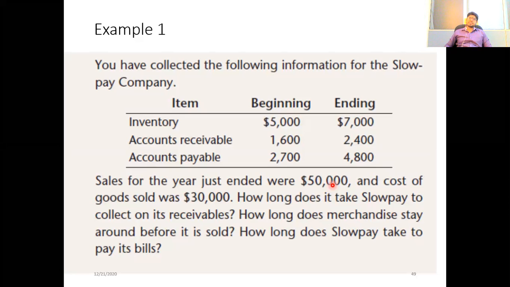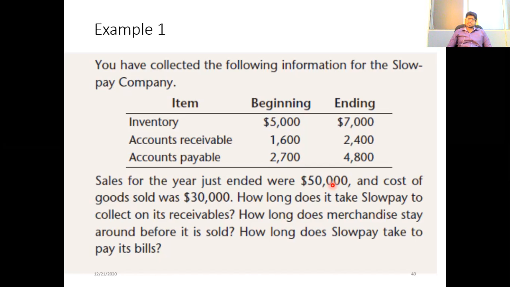Sales for the year just ended were 50,000, and cost of goods sold 30,000. And the question is, how long does it take slow pay to collect on receivable? How long does the merchandise stay around before it's sold?